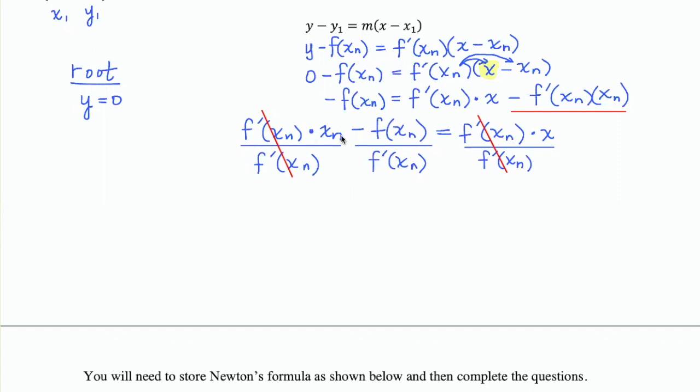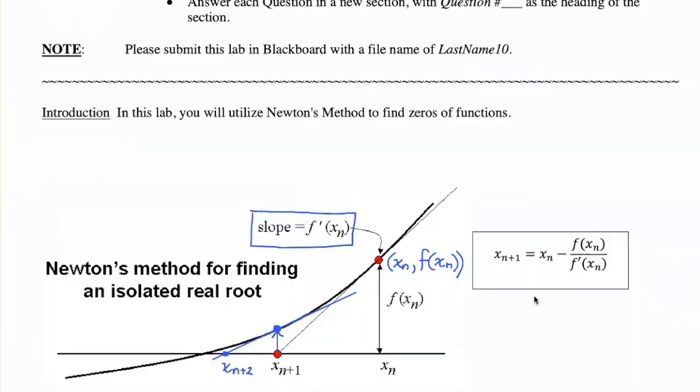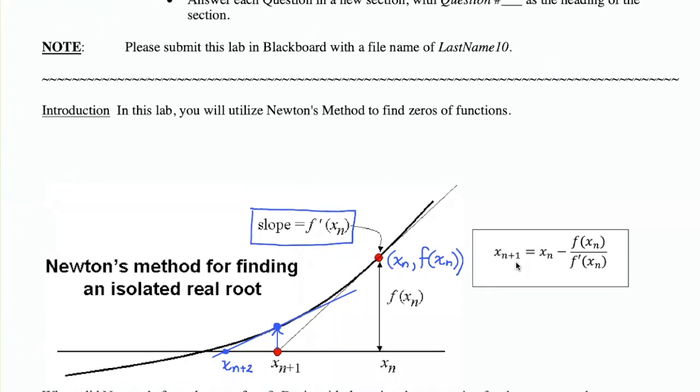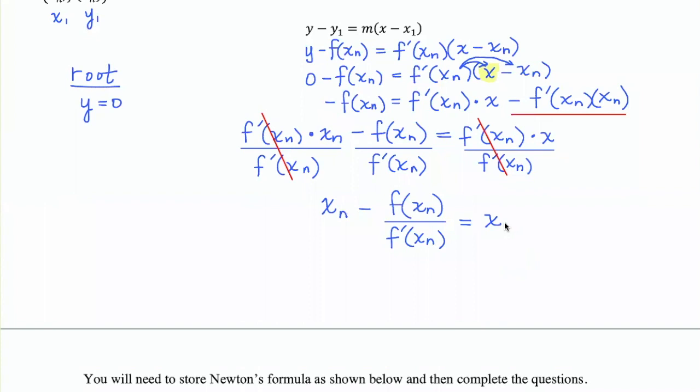What is left behind would be x sub n minus f of x sub n divided by f prime of x sub n, can't cancel those, one's a derivative, one's not, equals x. And this is precisely the Newton's formula that you see up here, with one change. He then labels the x that we solved for as the x sub n plus 1, as the latest x approximation for the root. So if I put that little n plus 1 on here, this is Newton's formula.